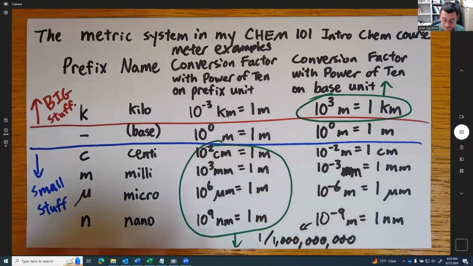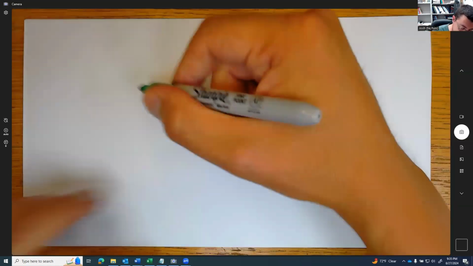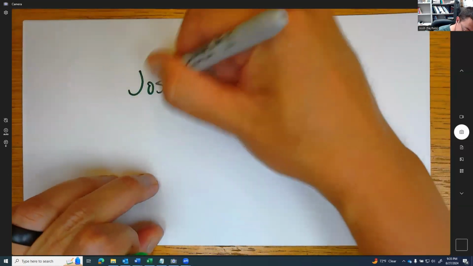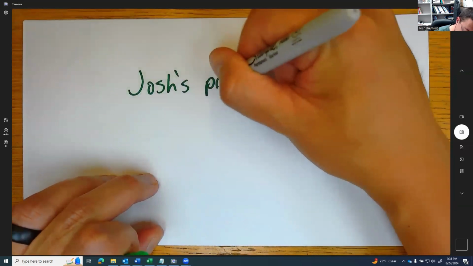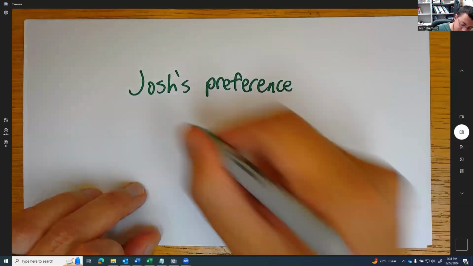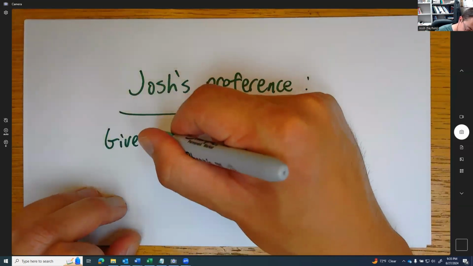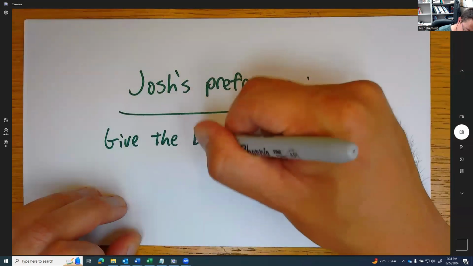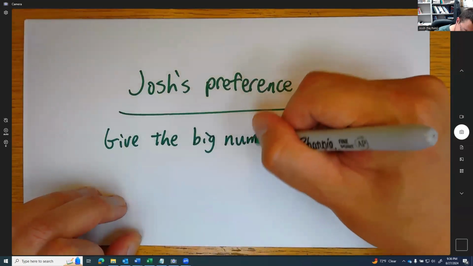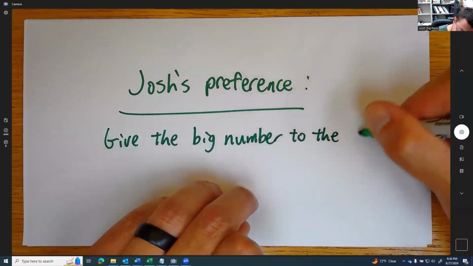So to summarize, if you're wondering what my preference is, I'll write it down here. My preference: give the big number to the smaller thing.